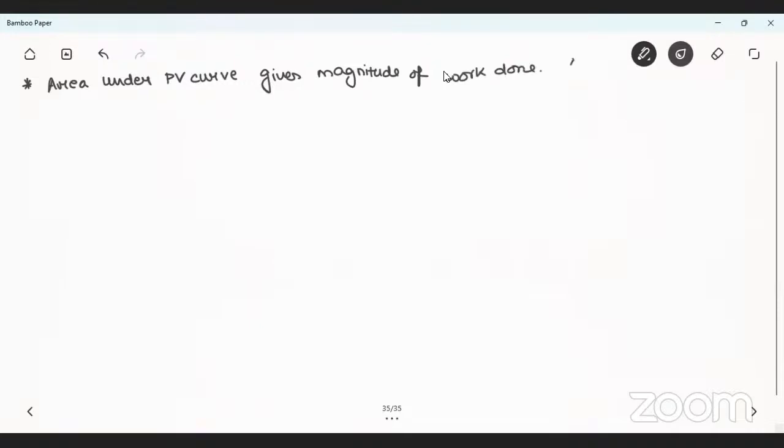Okay. Now there are some other conclusions. Area under the PV curve gives magnitude of work done. Okay, this is very important.